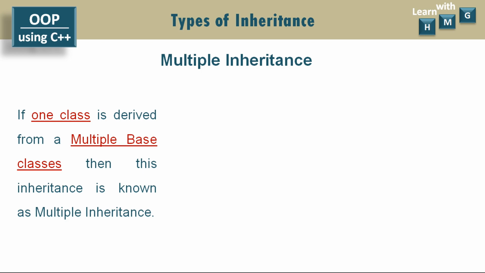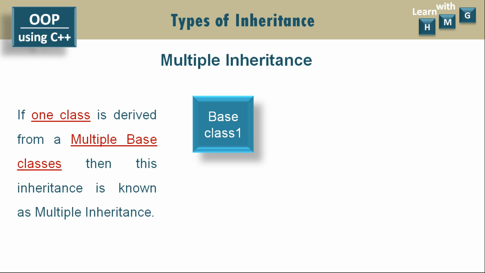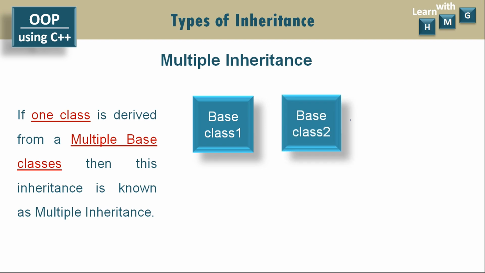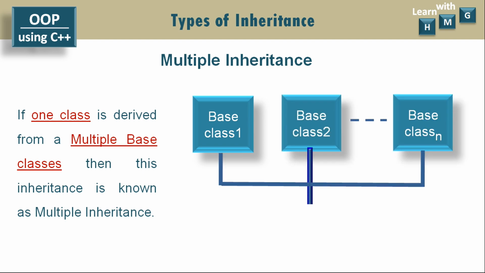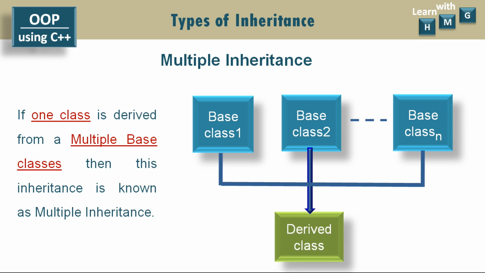If one class is derived from multiple base classes, then this type of inheritance is known as multiple inheritance. So let us see, this is base class 1, this is base class 2, and like this there will be multiple base classes, and from these a new class, the derived class, is derived, and like this it forms a multiple inheritance.